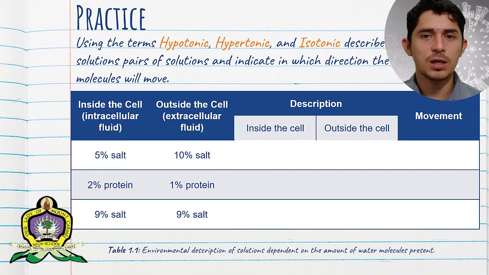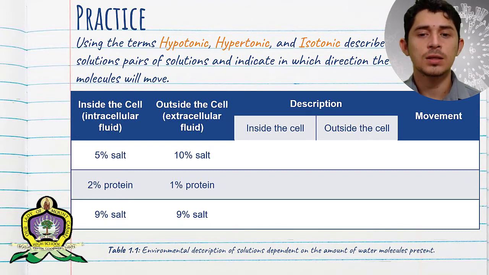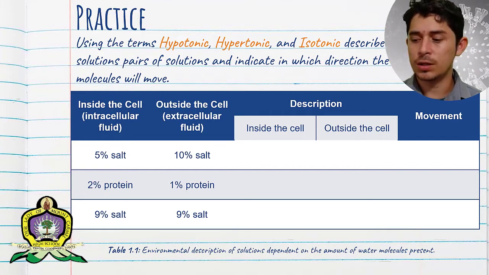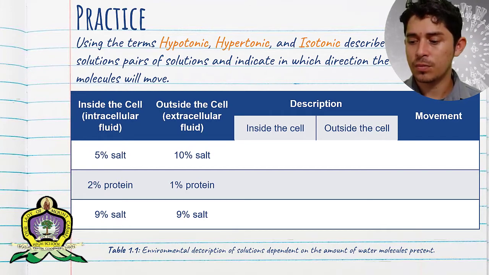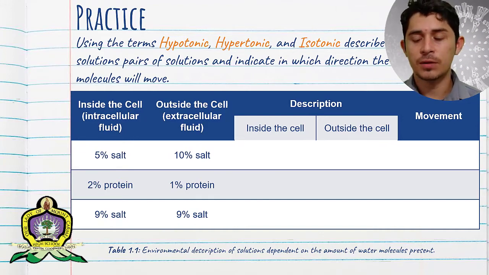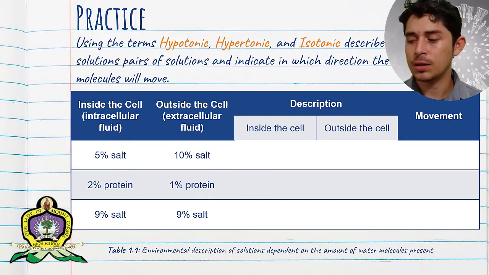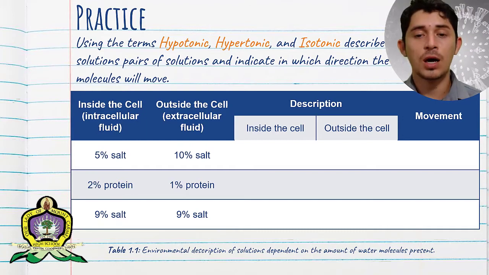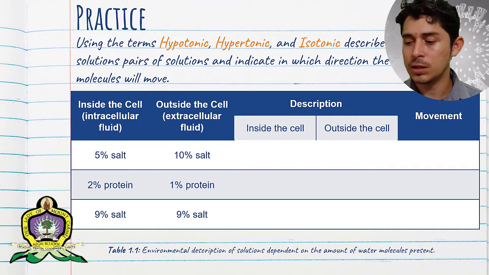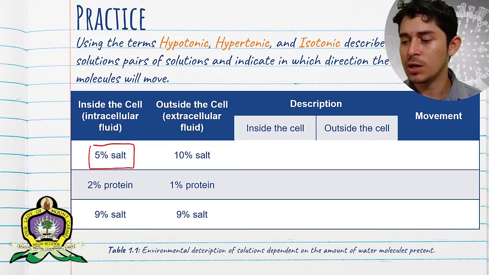Since we've seen the video, now let us look at this example. How would we work this out? So this one tells you how much salt is found within the cell, in the first example, and outside of the cell. In this one, how much water would be found inside of the cell? Since we know that inside of the cell we have 5% salt, how much percent water will we have inside of the cell?